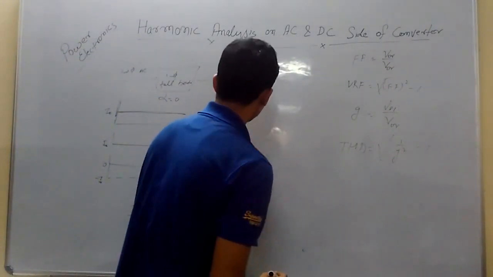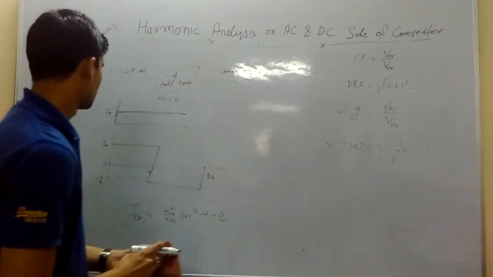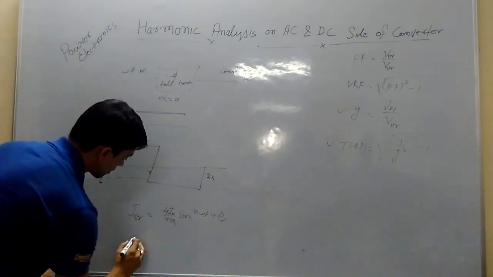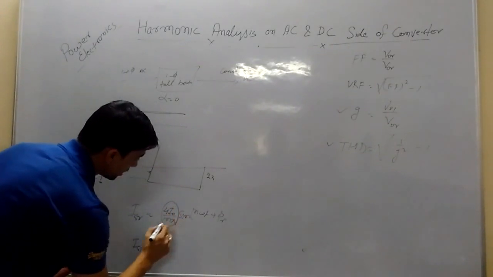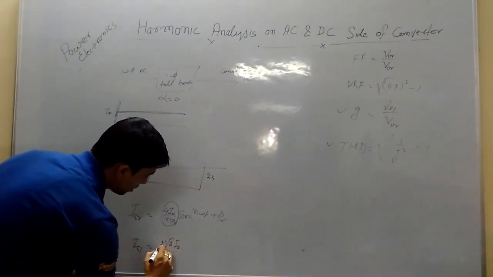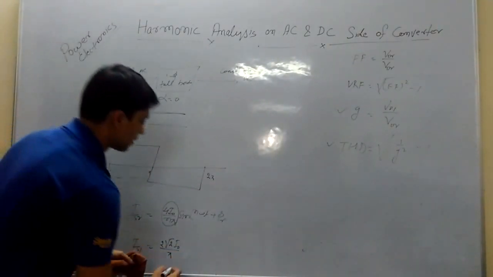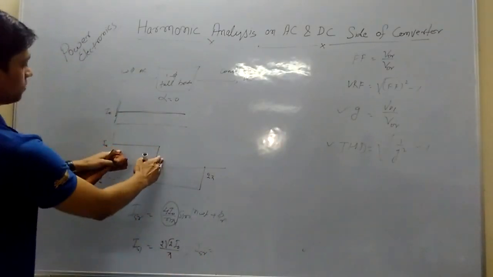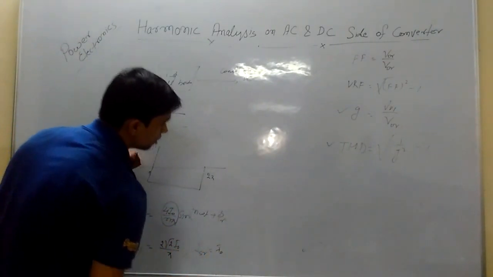Here we can calculate the distortion factor and total harmonic distortion. From the ISR value you can calculate IS1, which equals amplitude divided by root 2, that is 2 root 2 I naught by n pi for n equals 1. ISR is the RMS value of this waveform, which is nothing but I naught.